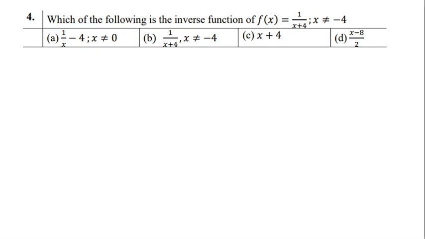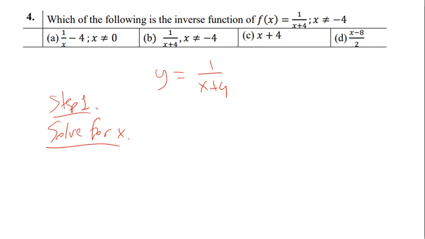So which of the following is the inverse function? So I will use my method again. First, write y is equal to 1 over x plus 4. And then step 1, solve for x. And okay, what we can do here is you multiply both sides with x plus 4, and you will get this one 1.